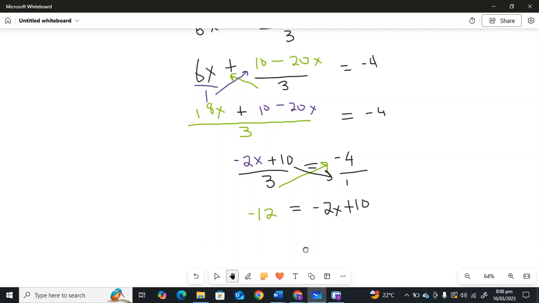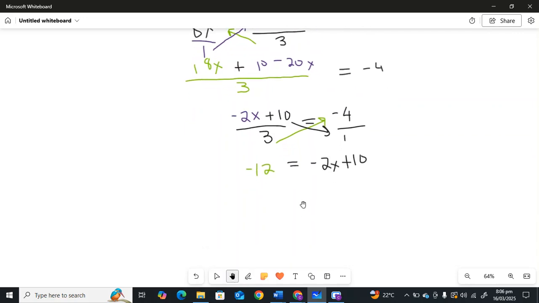Here it's a matter again of grouping like terms together. This negative 2x, we take it over the equal sign, it becomes positive. And this negative 12 goes over the equal sign and also becomes positive.